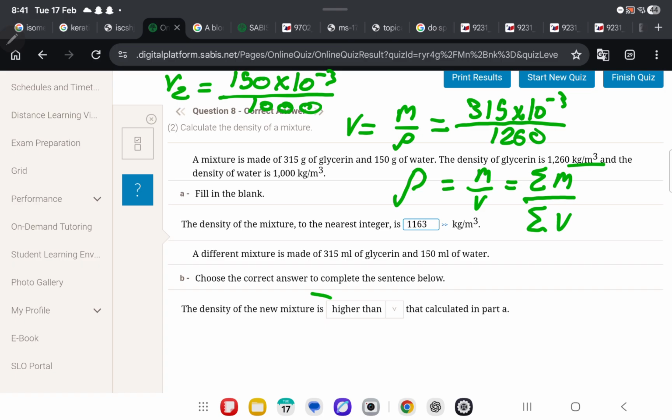Now, we're going to do sigma m. So, 315 plus 150, close the bracket, times 10 to the power of minus 3, because they're both in grams and we need kilograms.